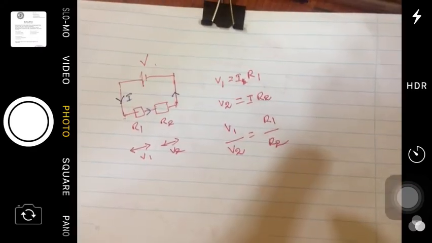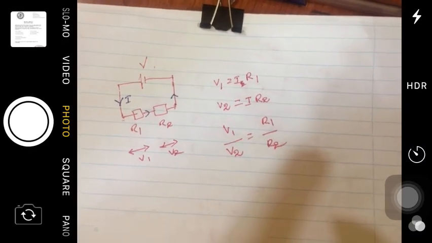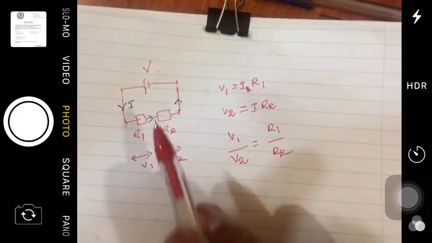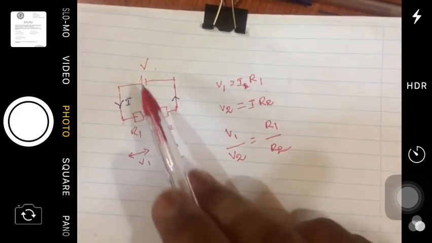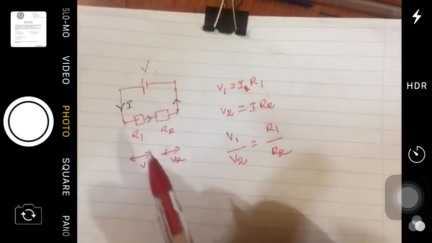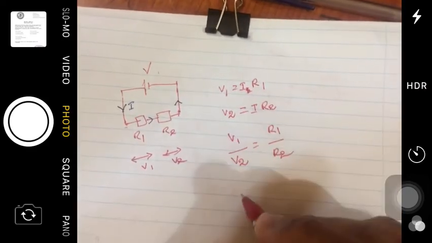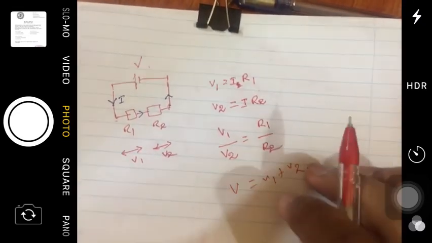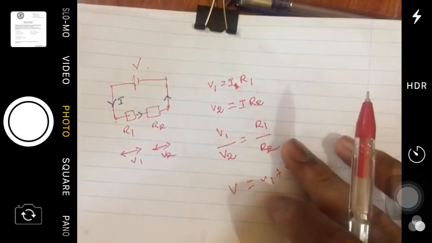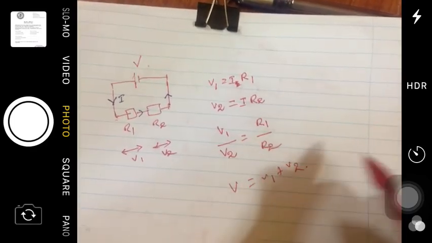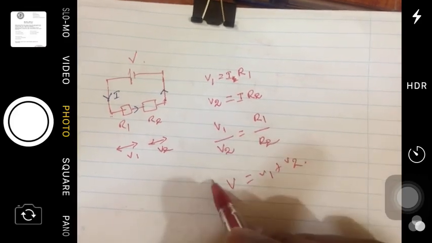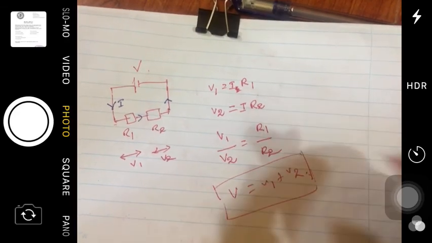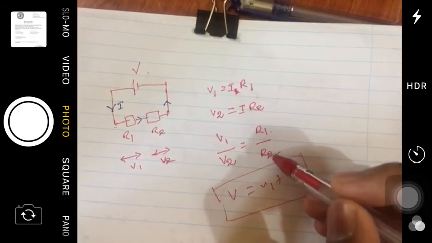So what we have done is, based on the ratio of the resistances, we have split up the total voltage, because we know that V should be equal to V1 plus V2, that is Kirchhoff's second law. So V is V1 plus V2, and we have divided that using R1 and R2.